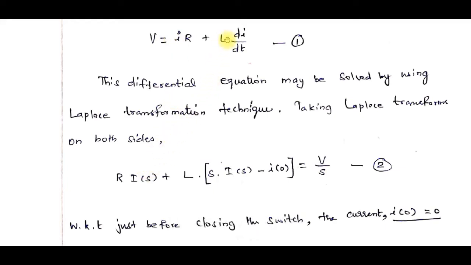Then L is constant, di by dt. We are going to take Laplace transform for this differential equation. So L into di by dt, for differential equation we will have s into I of s minus i of 0. i of 0 is the initial state.